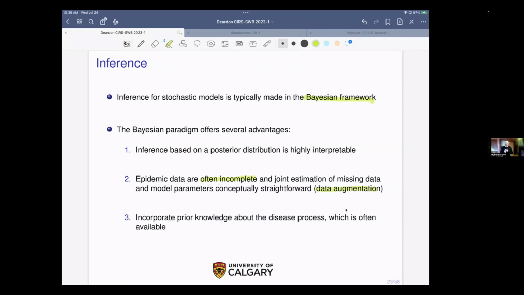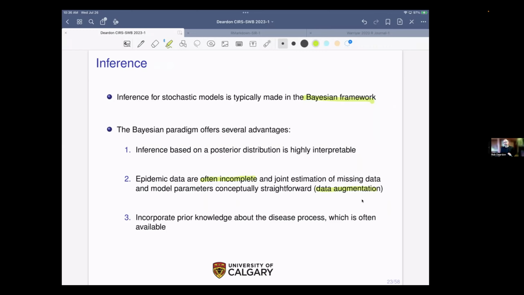Well, in our case, we often have prior information because other people have done studies. As I said before, the parameters tend to be interpretable on their own. So you may have piecemeal studies. It's often quite easy to sit down with an expert and say, give me a 90 or 95% probability interval for the infectious period or the mean infectious period. What do you think is going to be the case?